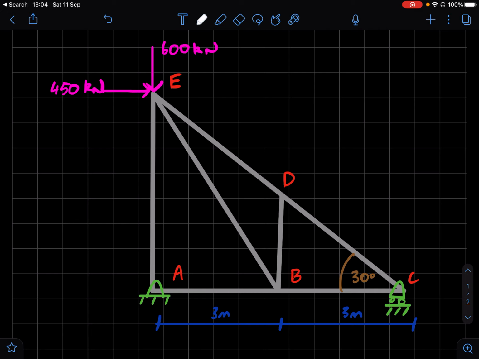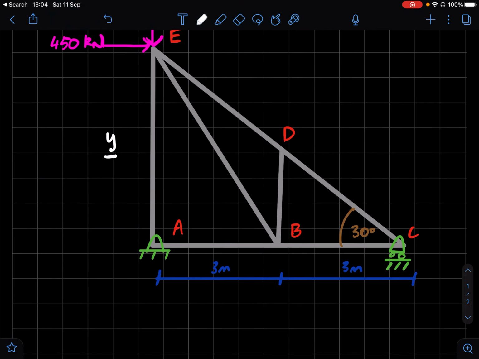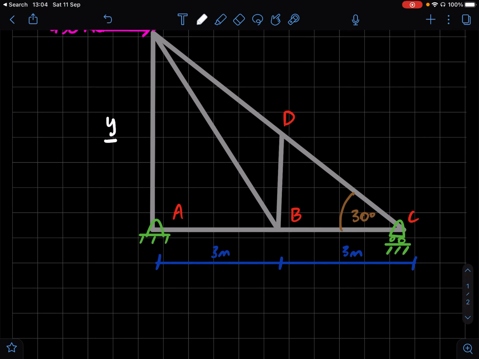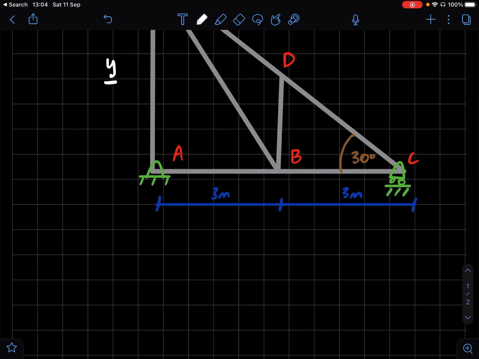So, the first one I can spot that's unknown is this dimension here, this y dimension of this truss. So let's start by figuring out what this length is of y, and we can do that using tan.